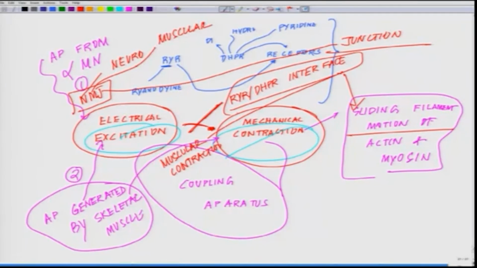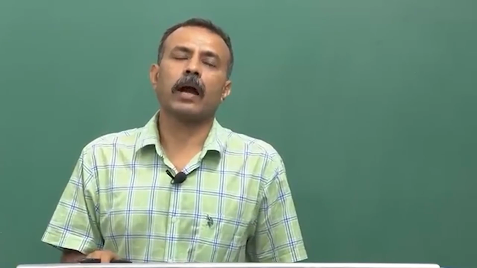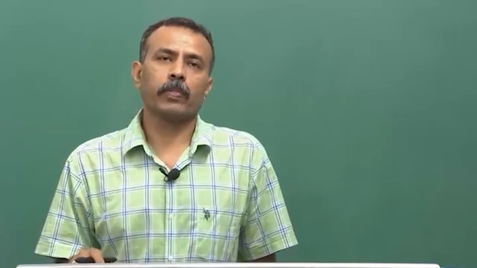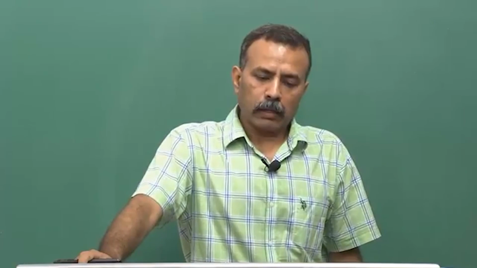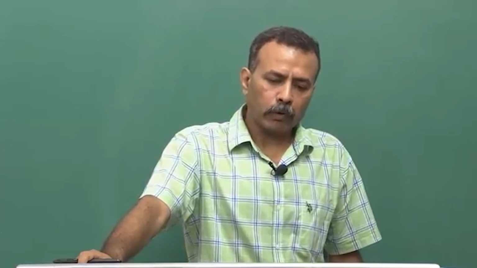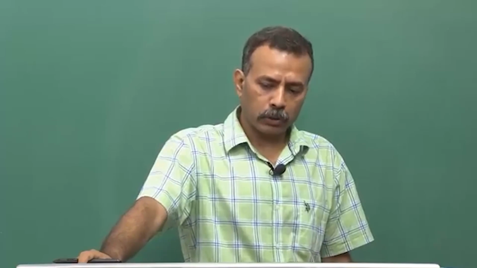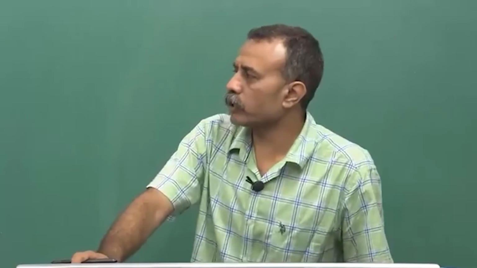So, we see that at different levels these information transfers are being governed. Okay. So, that's what we needed to talk about, the neuromuscular junction and the stretch reflex circuits.